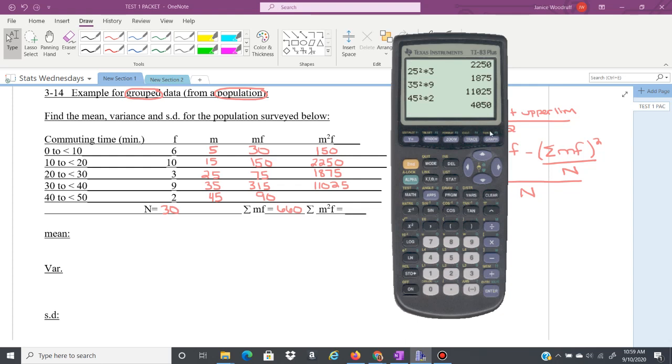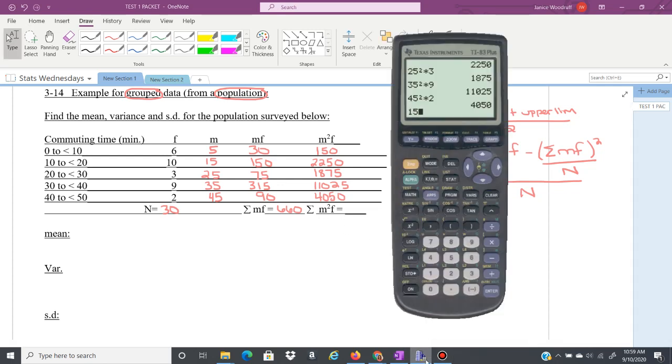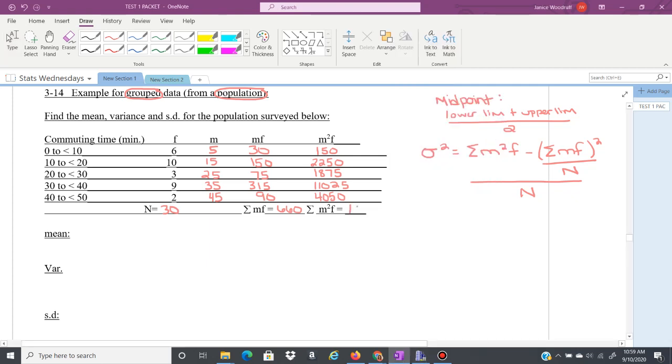So 4,050. Okay, and then we're going to find the sum of this column. So let's add these together. So you have 150 plus 2250, 1875, 11,025, 4,050. All right, so I get 19,350. So my chart is filled out.